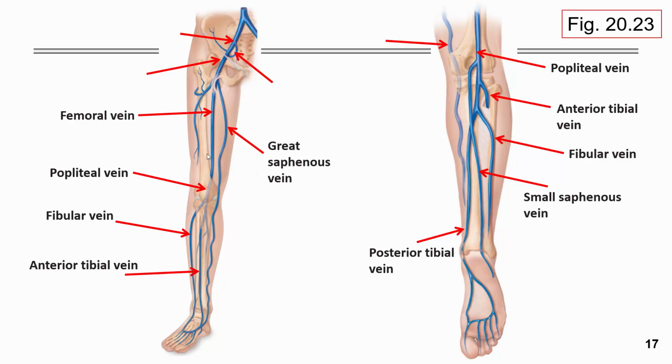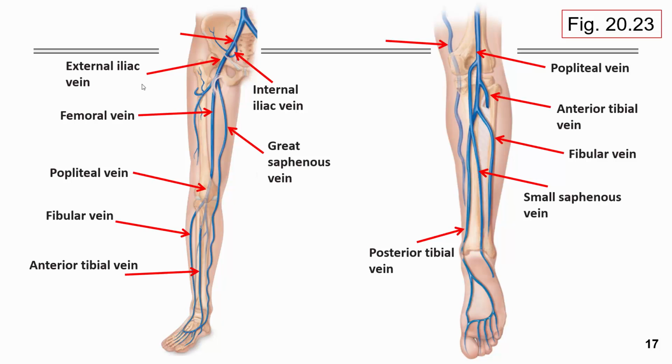The femoral vein will continue to drain blood from the tissue of the thigh, and as illustrated in an earlier slide, the internal iliac vein will drain deoxygenated blood from tissues in the pelvic region.